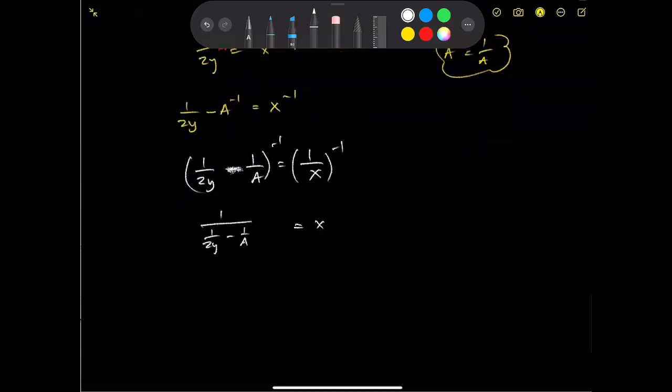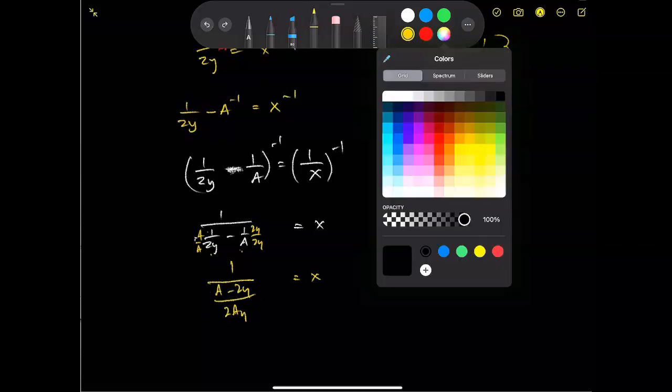So what we can do is now just get this to a better spot by getting common denominators down here. So multiply this side by a over a, and this side by 2y over 2y. So I'll get a minus 2y over 2ay in the bottom. Let me be super clear here.